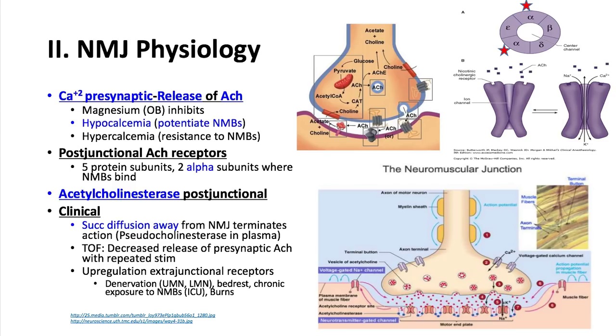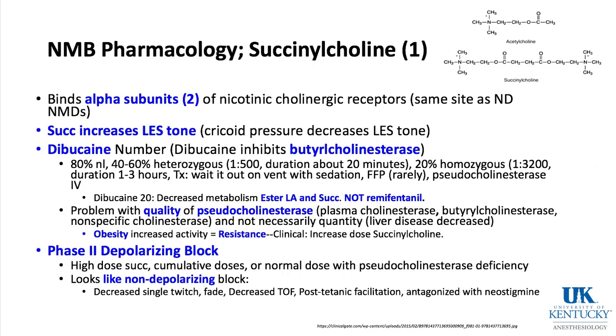Clinically also, we can have extrajunctional receptors that grow outside of right under the nerve terminal, or postjunctional, in cases like denervation, upper motor neuron, lower motor neuron injuries, prolonged bed rest, or chronic exposure to neuromuscular blocking agents, or the classic one being burns.